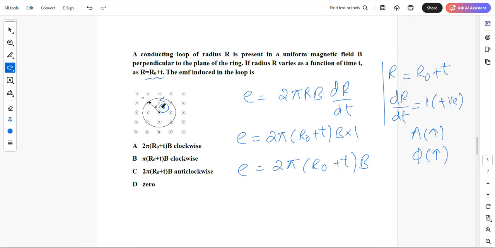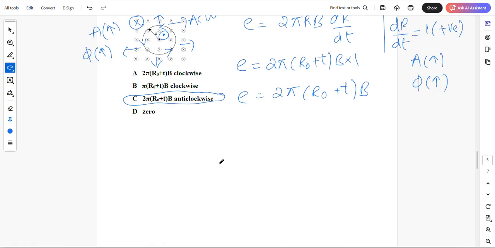So again it will be in anti-clockwise direction only, because the area is increasing and flux also increases. Therefore this will produce a magnetic field in the opposite direction of this one. Cross, this is dot. It will be anti-clockwise direction. Therefore the answer is 2 pi into r naught plus t into B, anti-clockwise direction, which is the right answer.